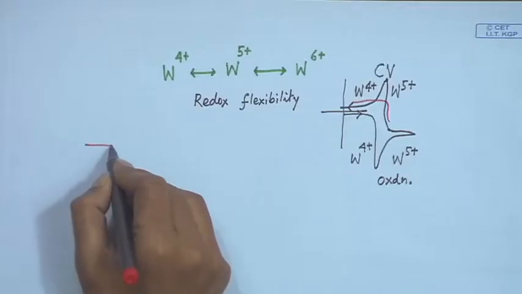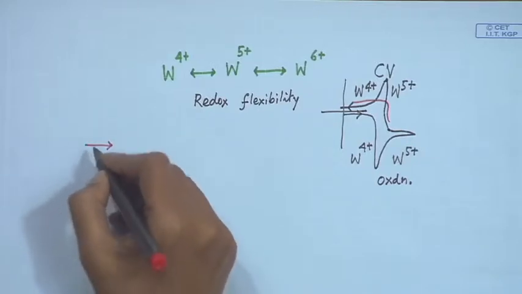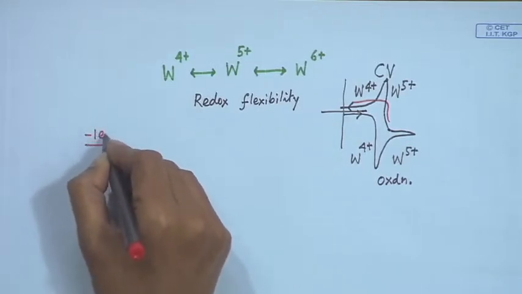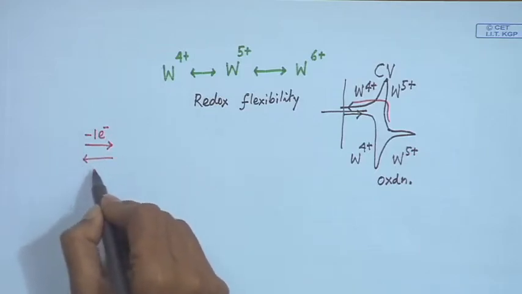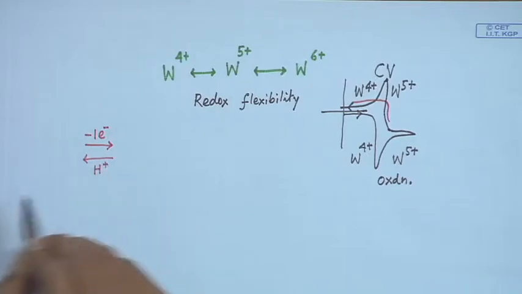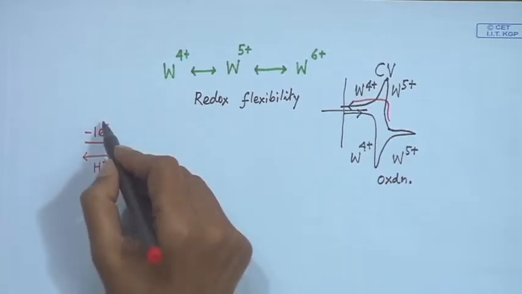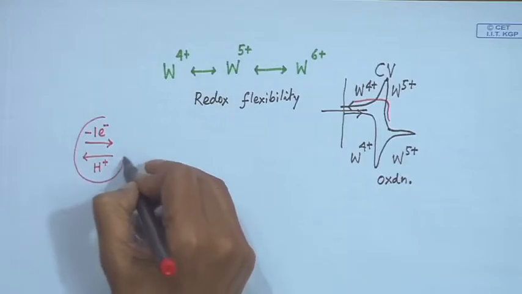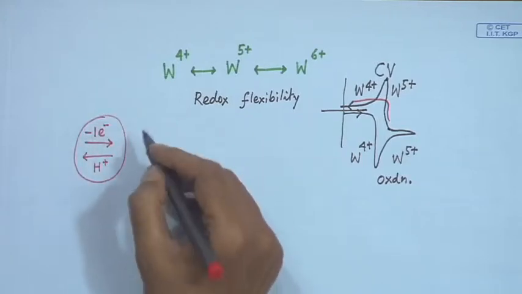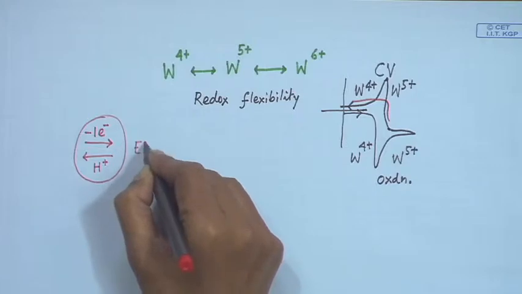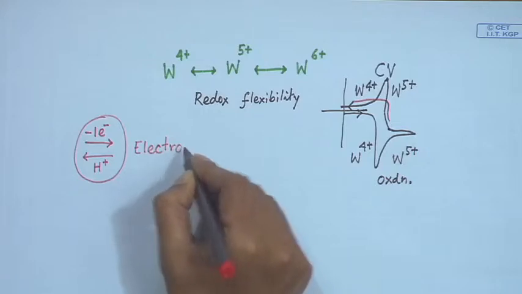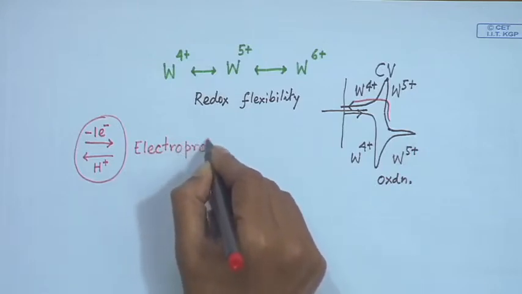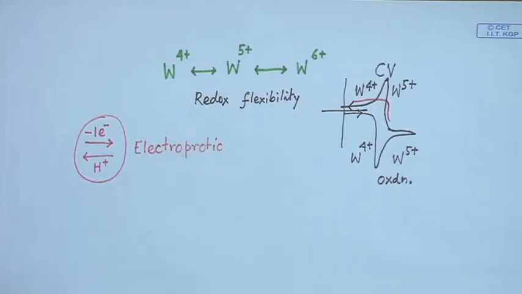If we have one electron loss from one direction, we can have the corresponding proton transfer in the opposite direction, and both of these two are engaged in some equilibrium, which we call electroprotic equilibrium.